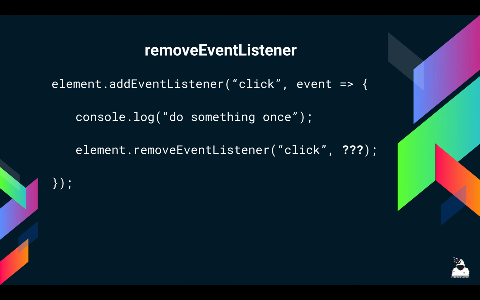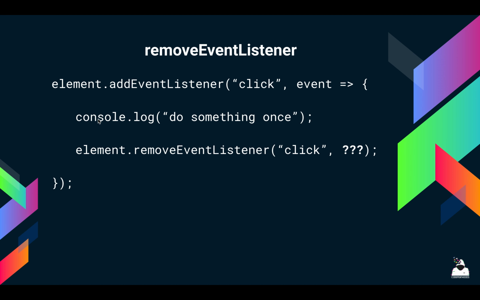So, on an element, addEventListener click, we have our inline anonymous function that we create in here as a callback to pass to the addEventListener function.